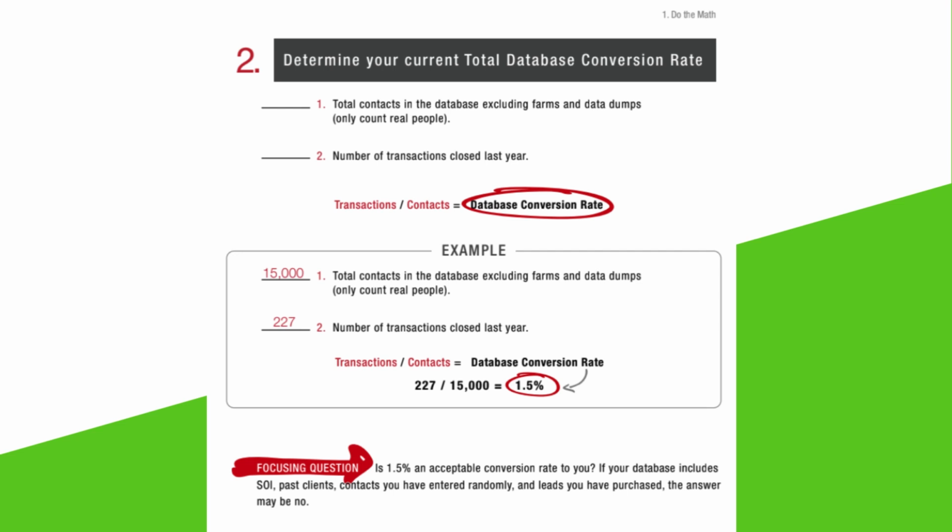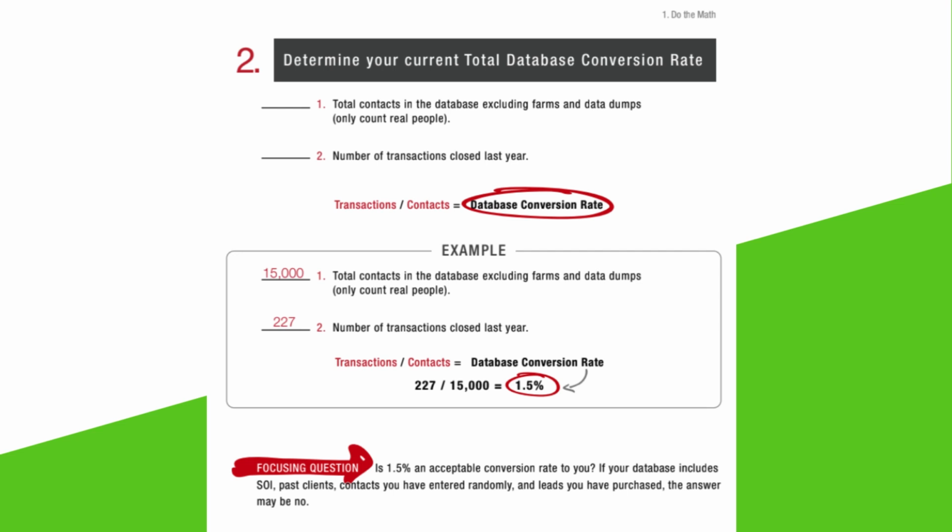We cannot guarantee what your conversion ratio is going to be out of a database, but I can assure you those examples are created based on what we see happen inside agents' databases that are being worked properly. So we already know what we're getting. Now we're just doing the what-could-we-get math. Total number of contacts times 4%. How many closed units does that give us?